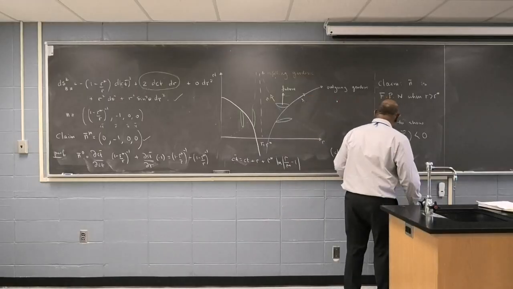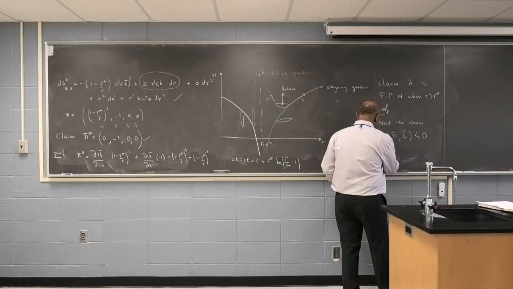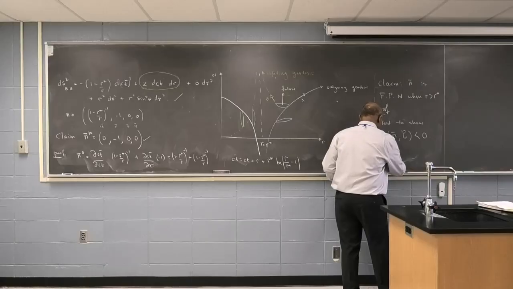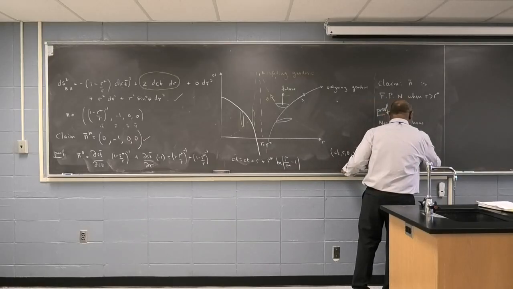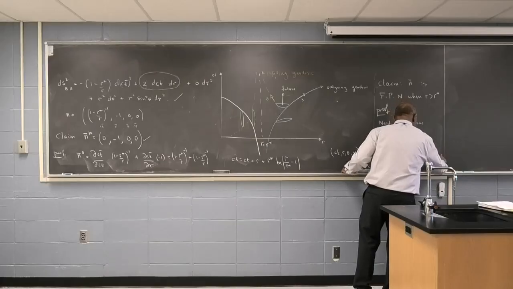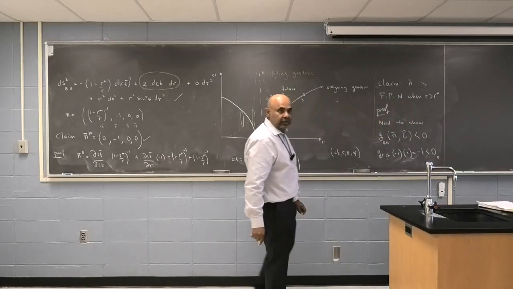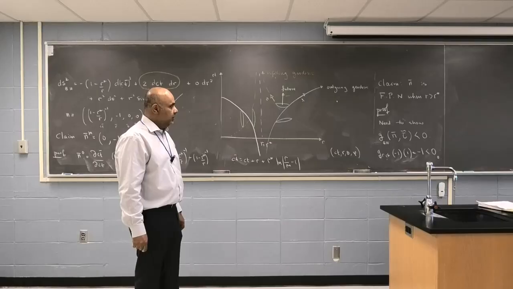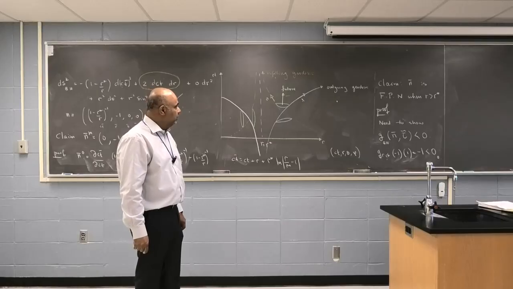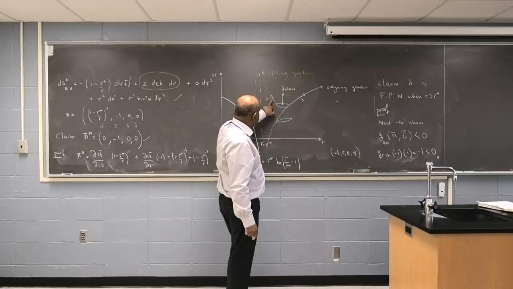The only component of this is G. N only has R component, so R CT minus 1 times 1, which is equal to minus 1. So N, this vector, the infalling geodesic vector, always points to the future.